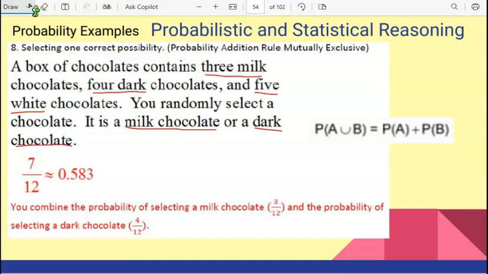You want to combine the probabilities of selecting milk chocolate, which is 3 out of the total amount of chocolates, 12, and the probability of selecting a dark chocolate, which is 4 out of the total. 3 plus 4 is 7. 7 out of 12 is about 0.583, 58.3%.